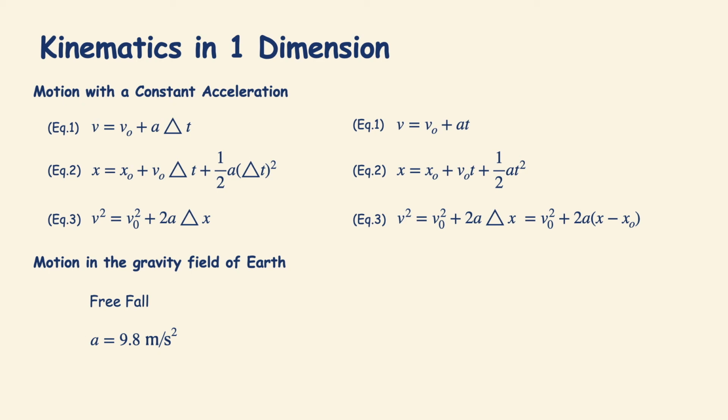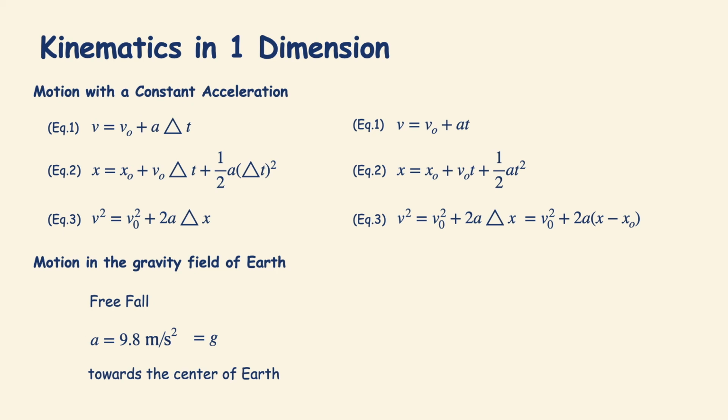If we can neglect the air resistance and any friction, and there are no other forces acting on the object and it's freely falling, we refer to that motion as free fall. Because it's so common and established, that value of 9.8 meters per second squared is frequently in physics marked as g. And the direction of the acceleration is always downwards towards the center of the Earth.